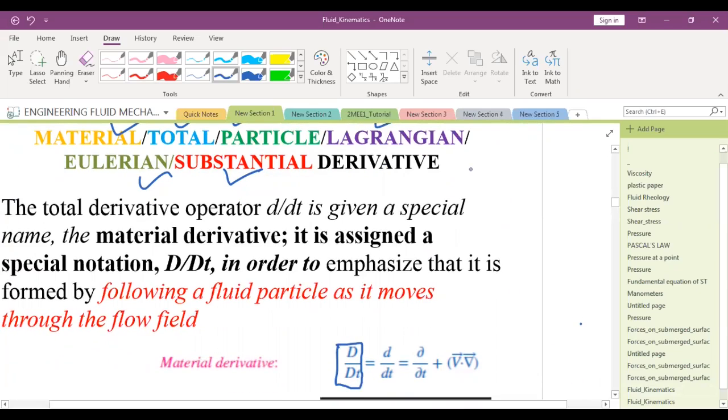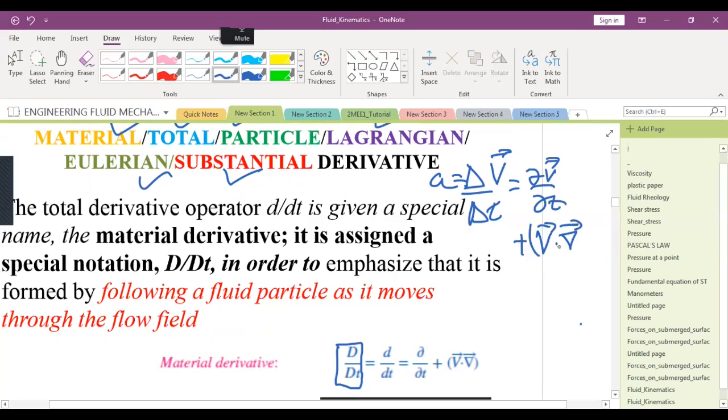For instance, acceleration is this operator operating on the velocity vector V. And acceleration becomes equal to ∂V/∂t plus (V dot del) V. So this is acceleration.